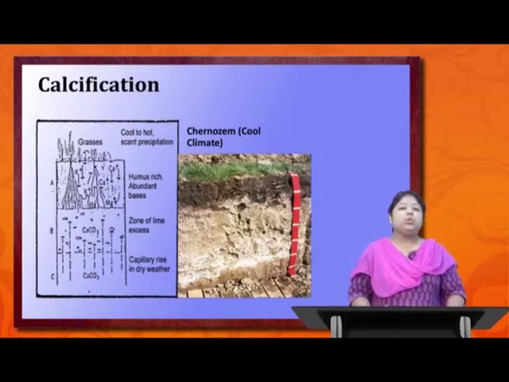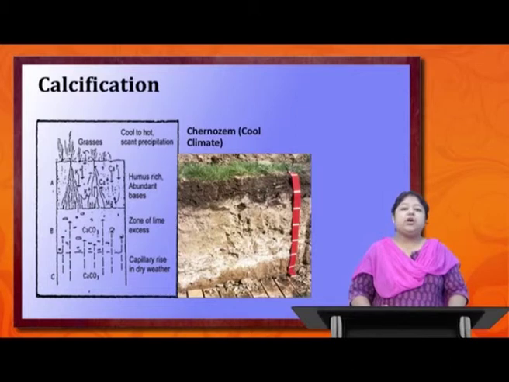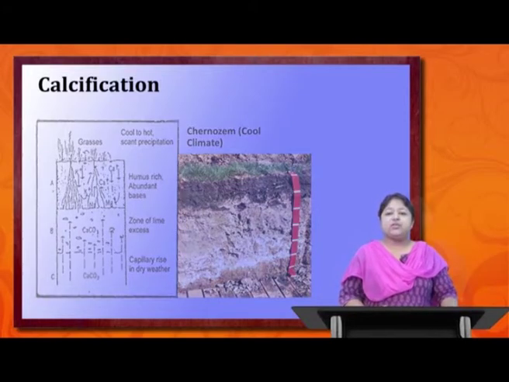Chernozems develop in cool climates. This is the tropical profile. You see, there are distinct layers and we see that there is deposition of calcium carbonate here, the white portion. You see, there is excess lime deposition here because of the capillary action.